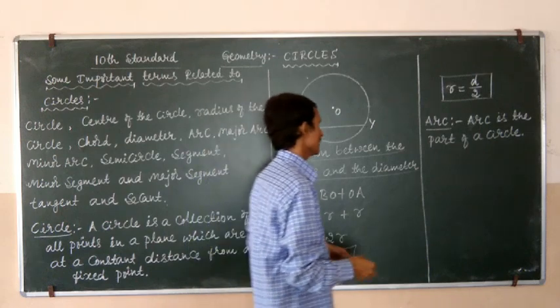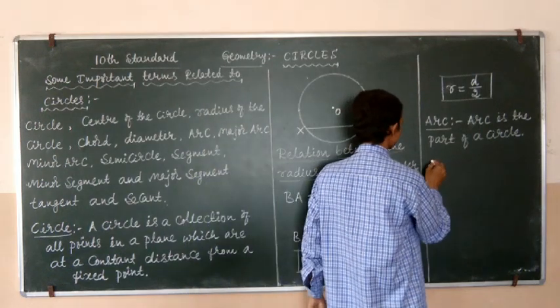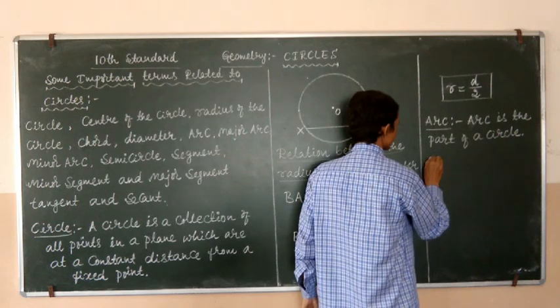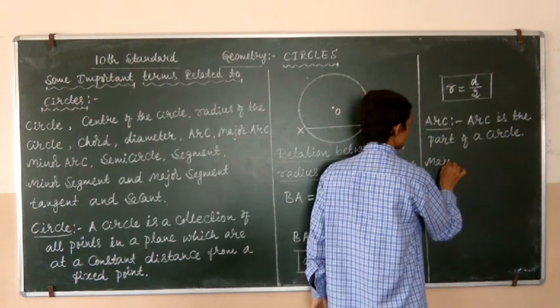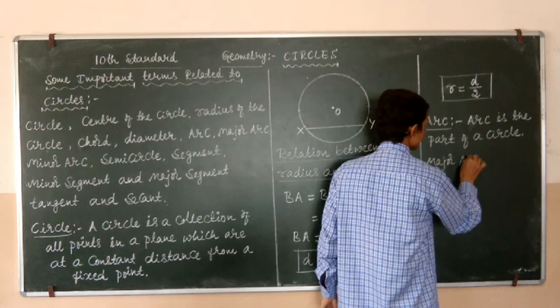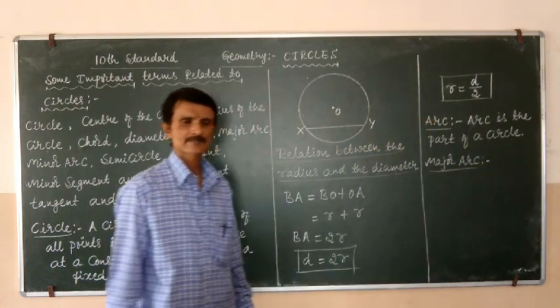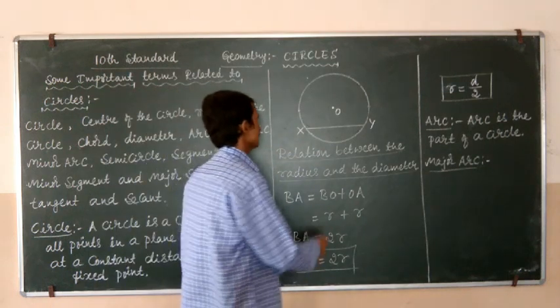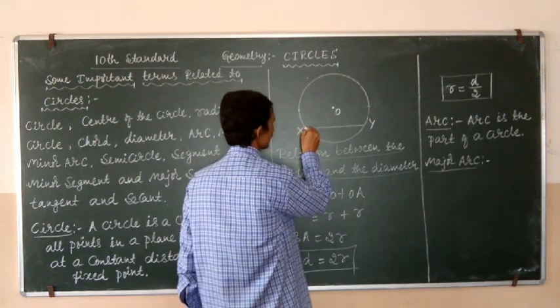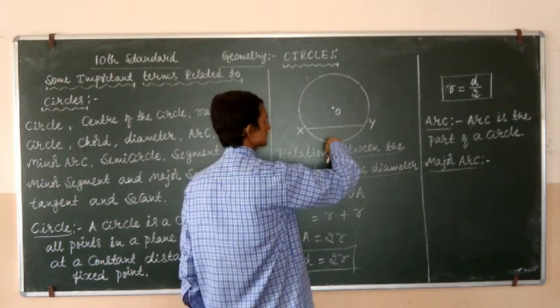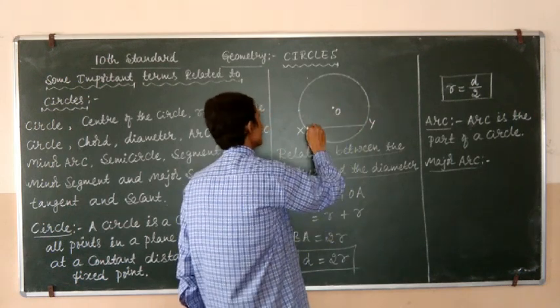In this, arc, there are 2 types. The first one is major arc. Major arc means, if you draw a chord, this chord divides the circle into 2 parts.